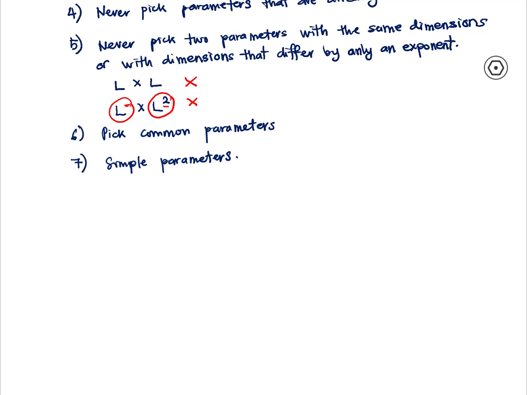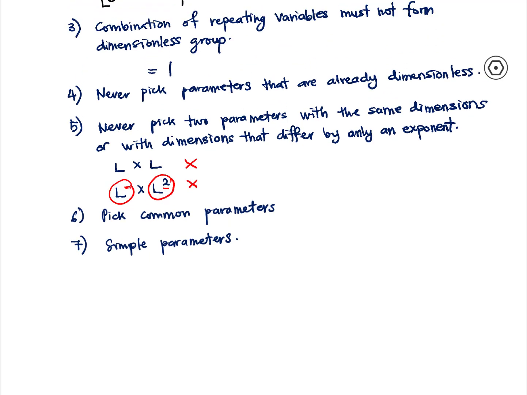So do not pick complex parameters because it will make your calculation a bit harder. Therefore, it is better for you to pick simple parameters. So those are the guidelines for choosing repeating parameters.